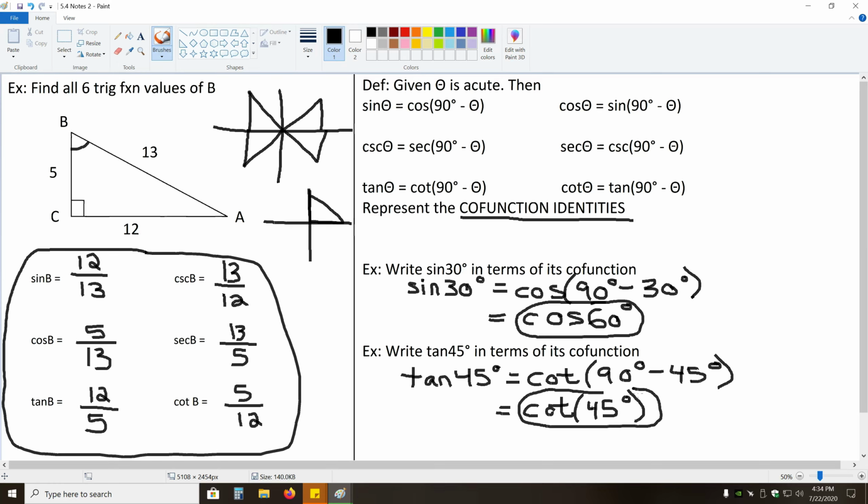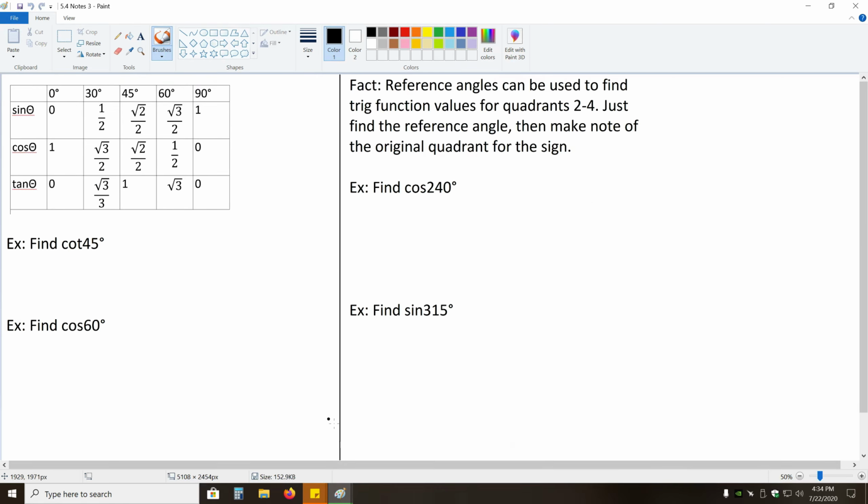So notice something odd here. Tangent of 45 degrees has the same value as cotangent of 45 degrees. They are interchangeable, really. All right, so let's keep going from here. And now we can introduce those major angles I was talking about.